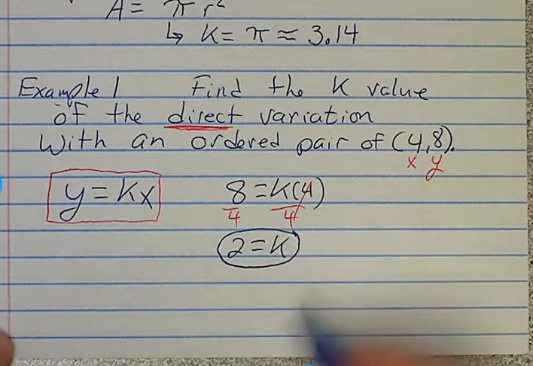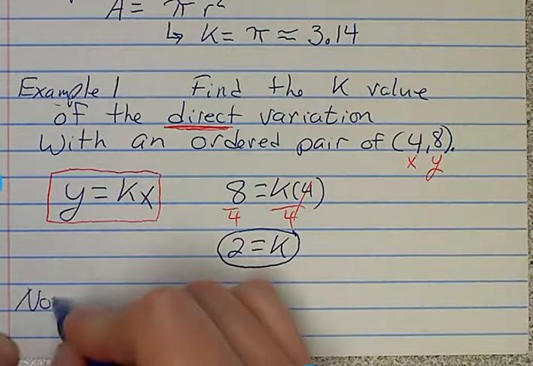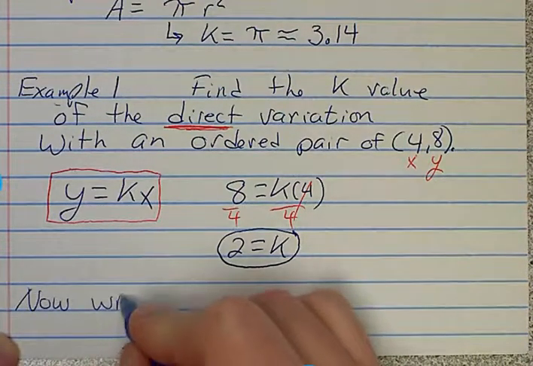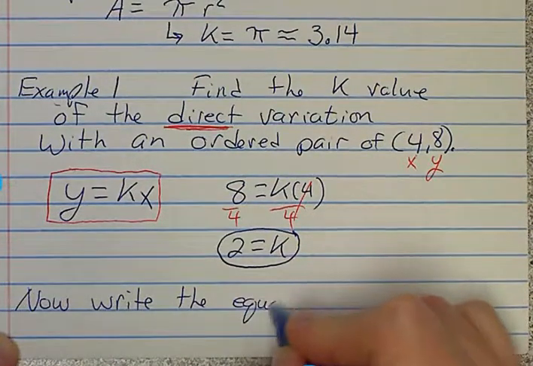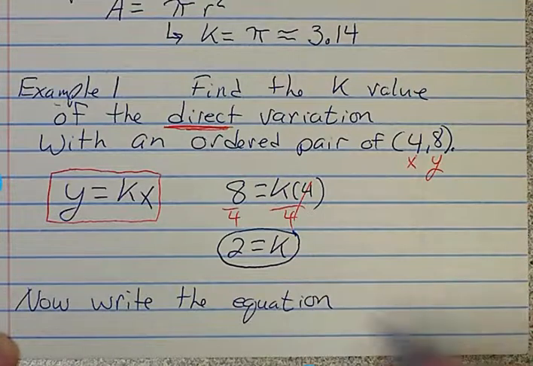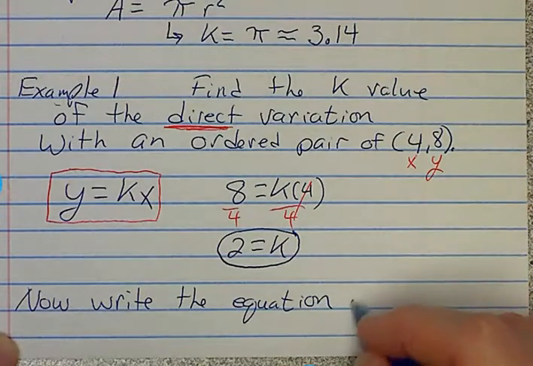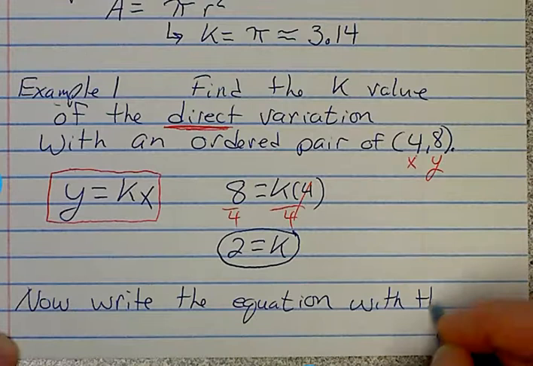All right, now, most of the time, what they're going to ask you to do after that is they're going to give you this k value. They may tell you to write the equation with the ordered pair.